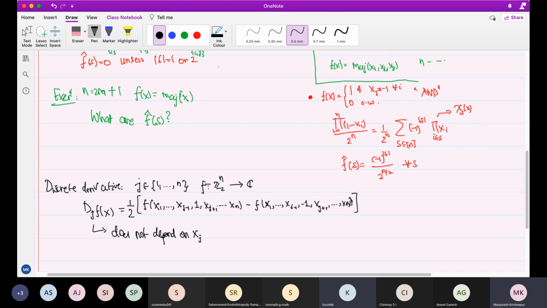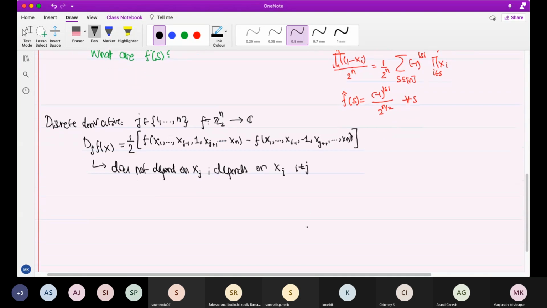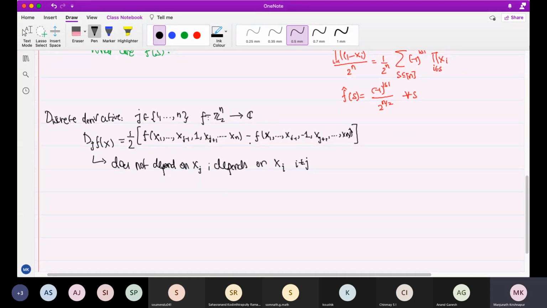It is just saying that if all the other voters are fixed, then what is the change if this voter changes from -1 to +1? How much is the change, divided by 2? It depends on the other x_i. In some sense, it measures how much x_j is influencing.